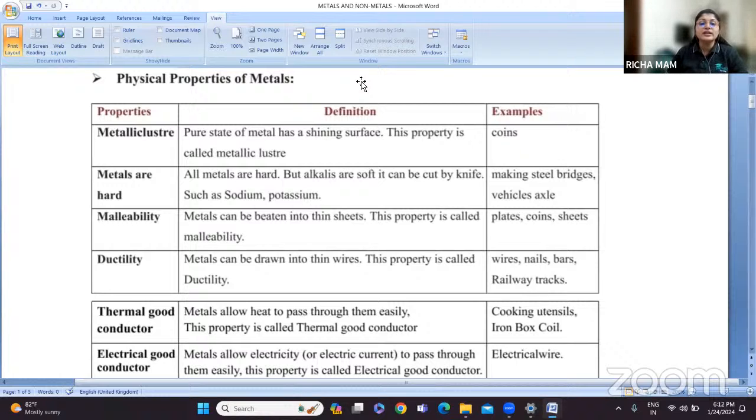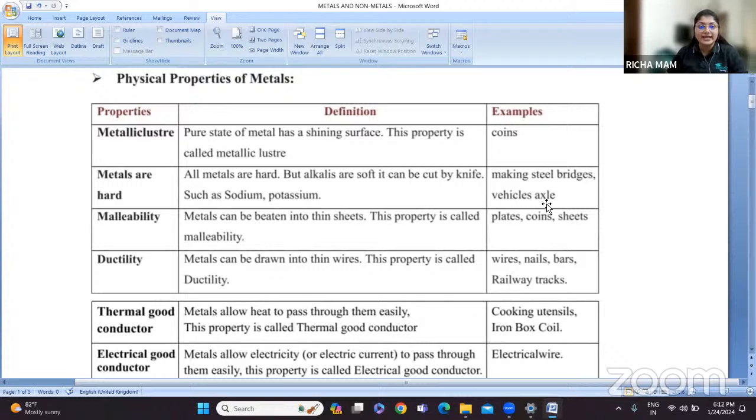How is it cut? Sodium can be cut with the help of a knife. An example of metals being hard is steel bridges. The bridges which are made up of steel are very hard, right?